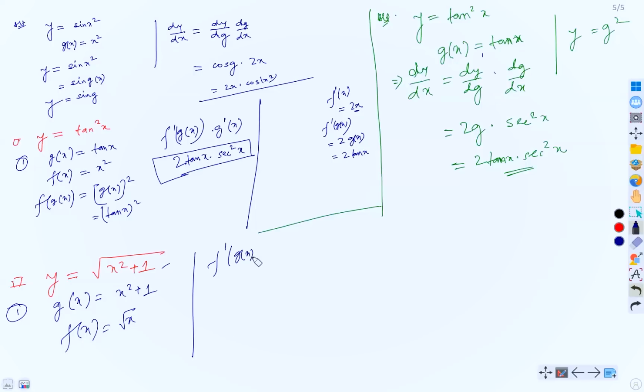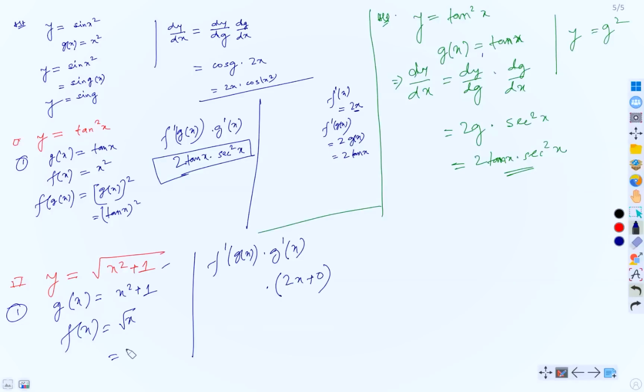So the formula is f'(g(x)) times g'(x), and we know our g'(x). What is the differentiation of this one? It is 2x plus 0, because differentiation of 1 is 0 and differentiation of x squared is 2x, times f'(g(x)).